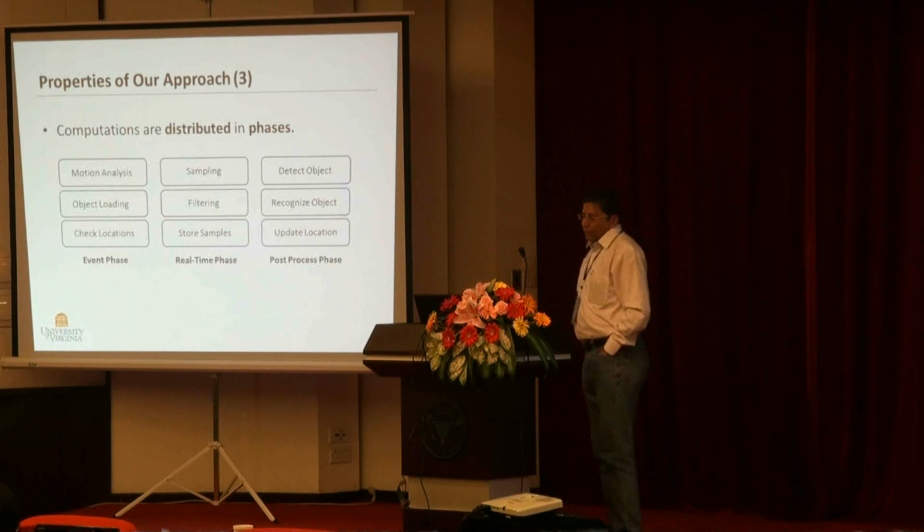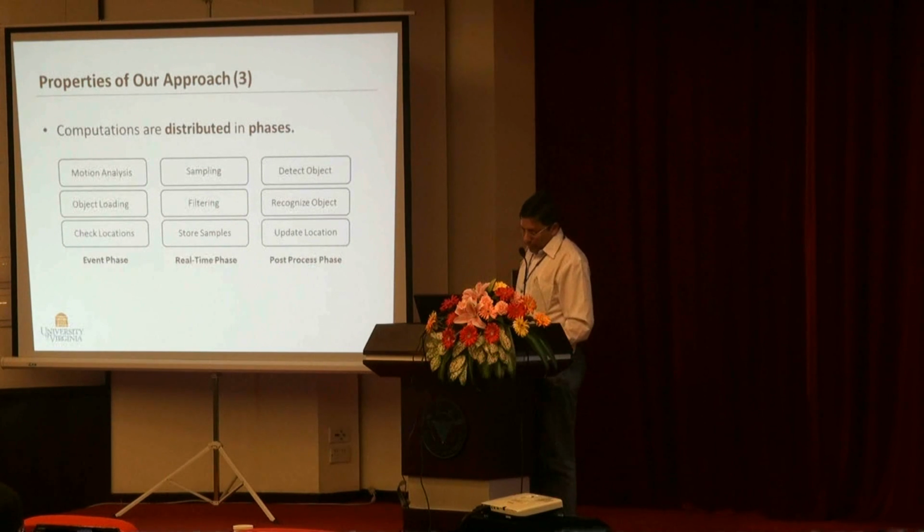So the basic philosophy of the solution is that after sensing, you have 3 phases. In the first phase, there is some detection of motion. Once motion is detected, the system tries to load context information, which is things that are nearby, labeled as object loading here.